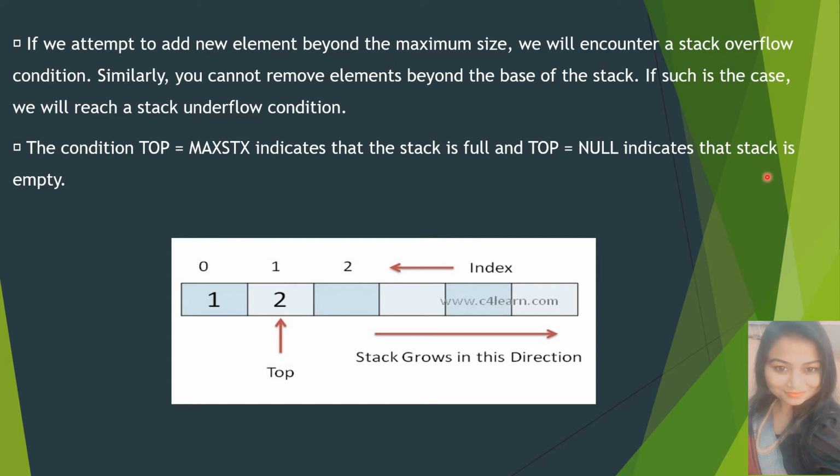Because if we attempt to add a new element beyond the maximum size, we will encounter a stack overflow condition, so no element can be inserted in that case. The other condition is top equal to null. It indicates that the stack is empty because we cannot remove elements beyond the base of a stack. In such cases, we will reach the stack underflow condition.